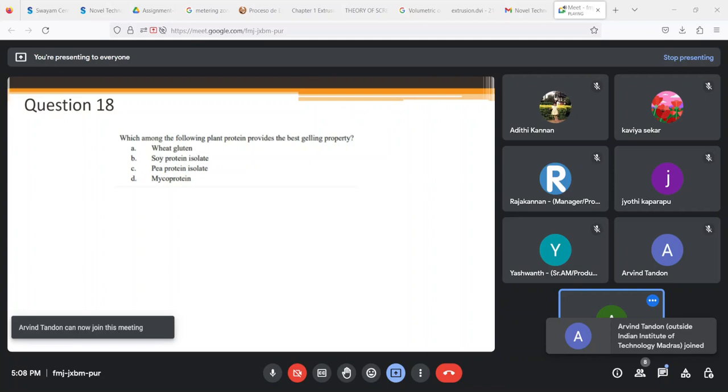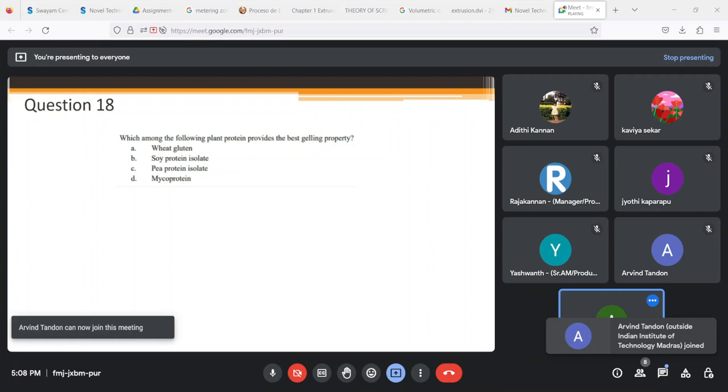So denatured proteins have a property of forming gel-like structures, and that is why plant proteins are involved in gelling, because once you denature these proteins, they will form gel-like, mesh-like structures, and these plant proteins are then used for gelling properties.